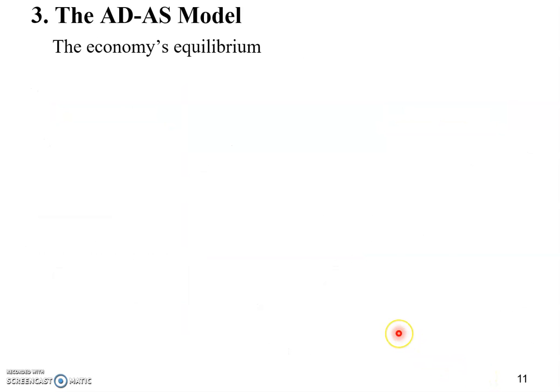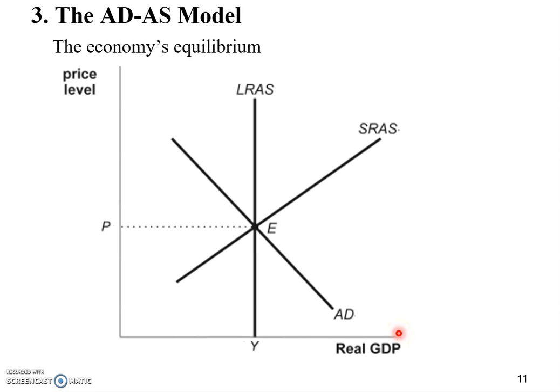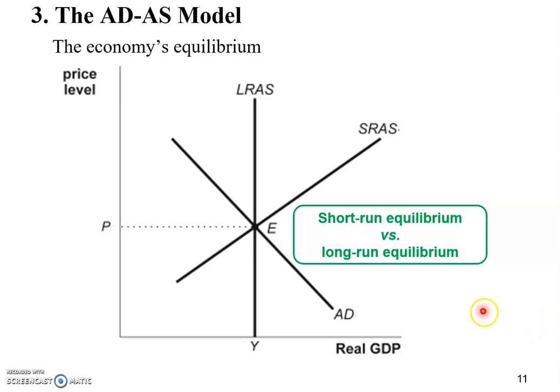All right. Finally, let's check out the third possibility, when all three curves cross each other at the same point. Here again, AD, SRAS, and LRAS all cross the same point E, and it's pretty easy for us to understand. This means the short-run equilibrium overlaps with the long-run equilibrium.